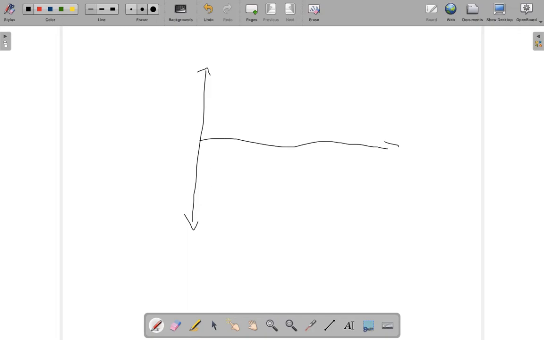So once again, we have time and displacement, and we have our wave over here. I think I should draw it a bit better. All right.